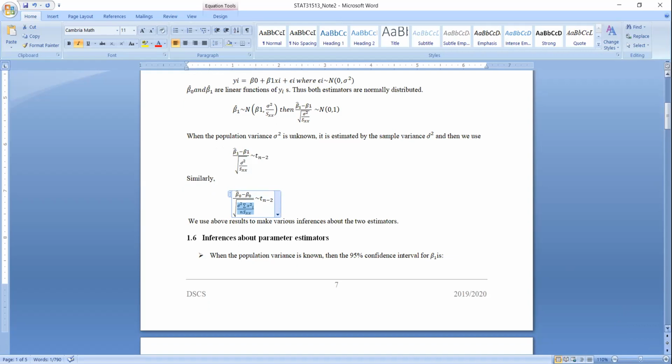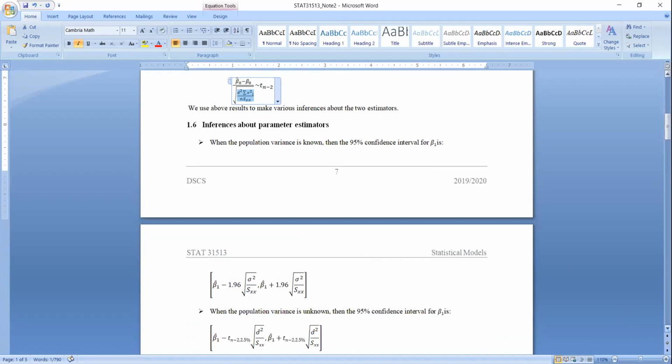Right, so one of the inferences that we can make is when we are interested in constructing a confidence interval for beta 1 and for beta naught, we can use these test statistics, right? Now imagine you know the population variance. In that case, say you want to construct a 95% confidence interval for beta 1.